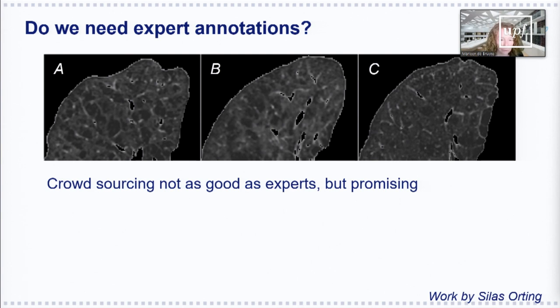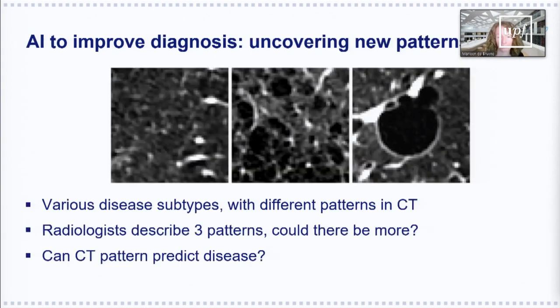I don't think I have the detailed results here, but models obtained by crowdsourcing were not as good as learning from experts, but they were promising. And we think models trained on a combination of smaller expert annotated datasets regularized by a larger crowd annotated dataset could be quite useful in this case.